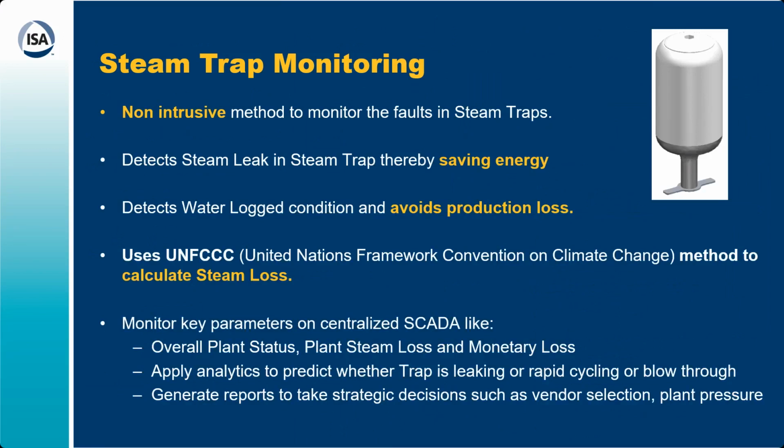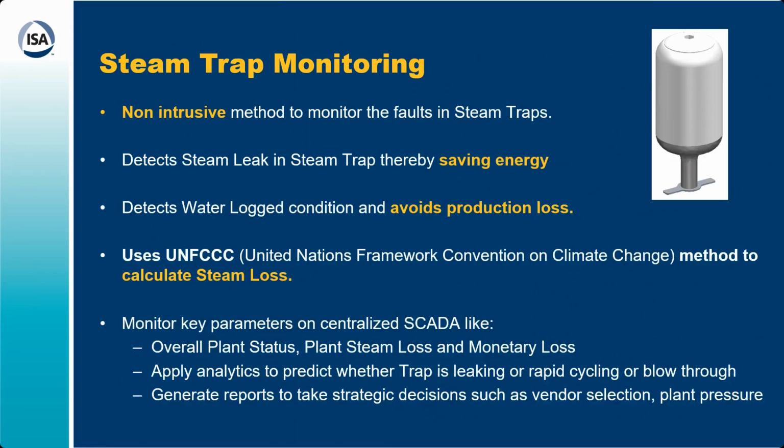Next is the steam trap monitoring. Now non-intrusive sensors are available to monitor the faults in steam traps. You can detect the steam leak so that you can save energy. You can detect the water logging condition of the steam trap so that it avoids production loss.